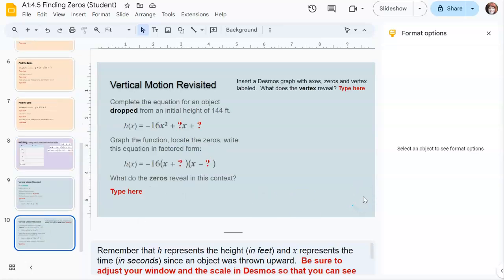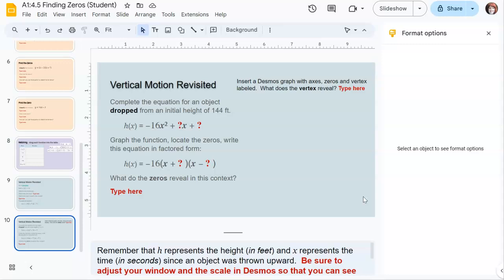So again, this time I'm not telling them what to put in the app. I'm simply telling them that an object was dropped from an initial height of 144 feet. So they need to decide where those go in the GeoGebra app, and they may decide not to even use the app. They may decide to go straight to the Desmos calculator because they already know what to put in there for those question marks.